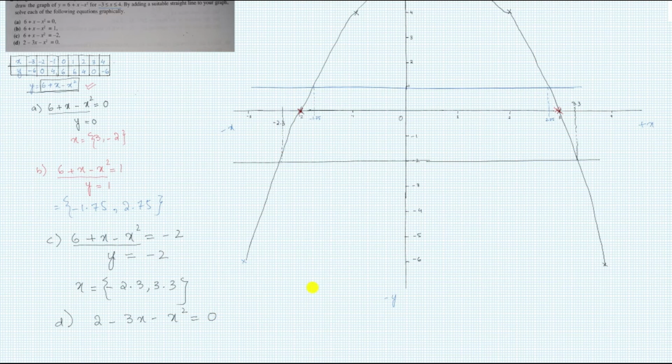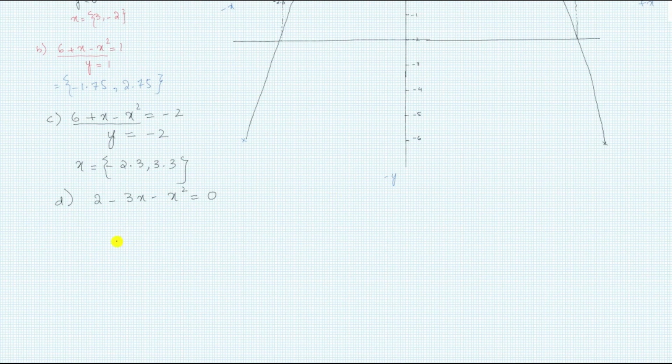Now if we check, y is equal to 6 plus x minus x squared. So if we make the left hand side 6 plus x minus x squared, then what will we add and subtract on the left hand side? As we know that minus x squared is already here, we will not work on x squared. We will work on the value of x and the constant 6.